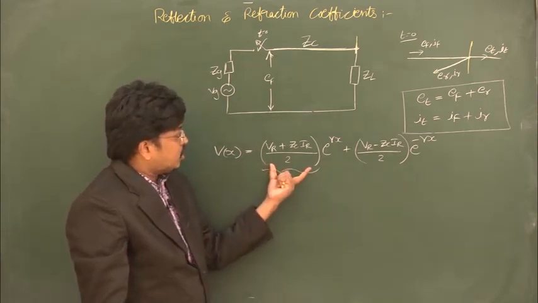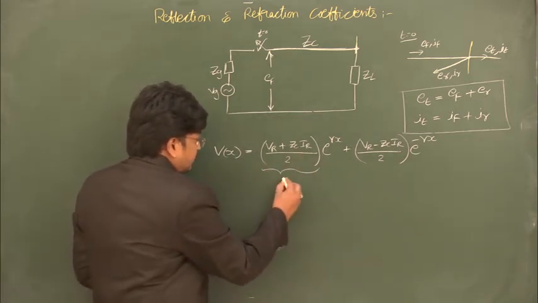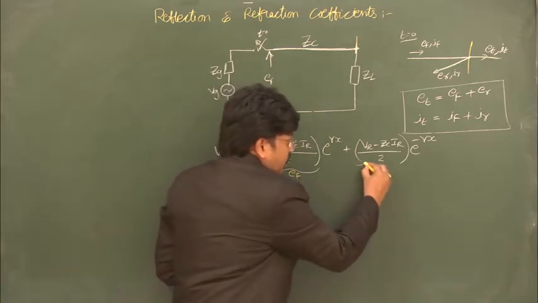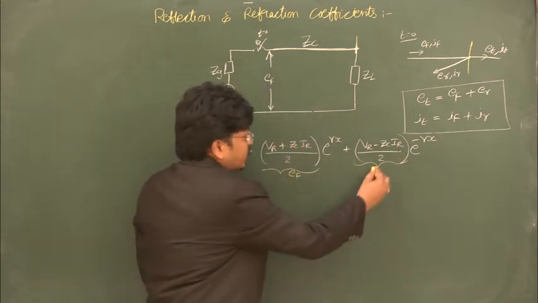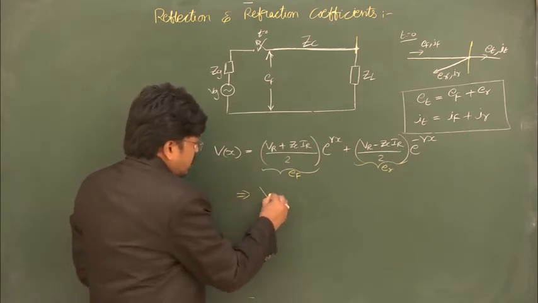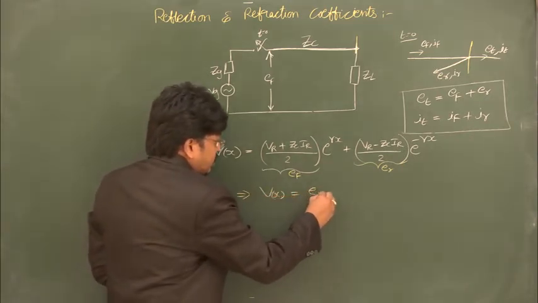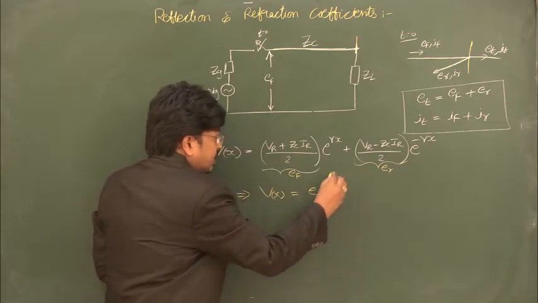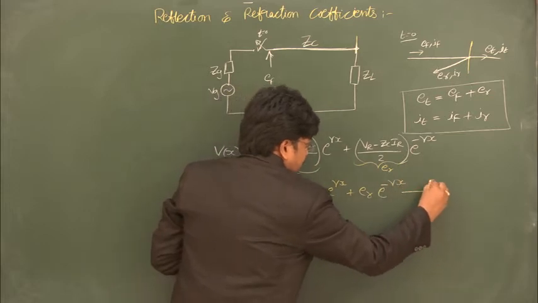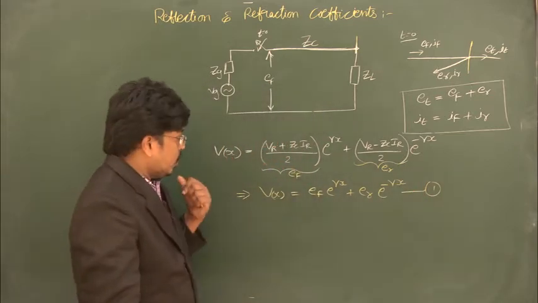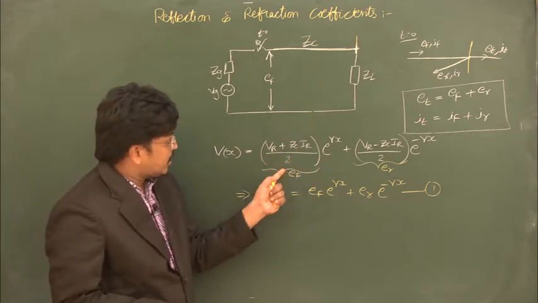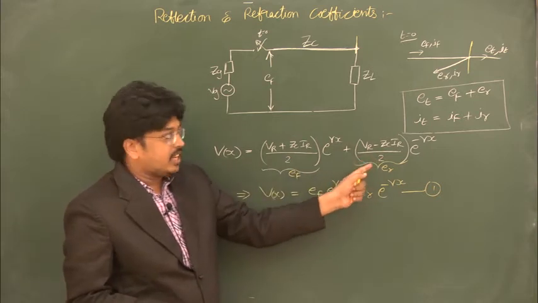Suppose the magnitude of the first value is assumed as EF, and similarly the magnitude of the second term of the Vx value is assumed as the reflected voltage ER. So the above equation becomes V of x equals EF e to the power gamma x plus ER e to the power minus gamma x. We take this as equation number 1, where EF is (Vr plus Zc Ir)/2 and ER is (Vr minus Zc Ir)/2.